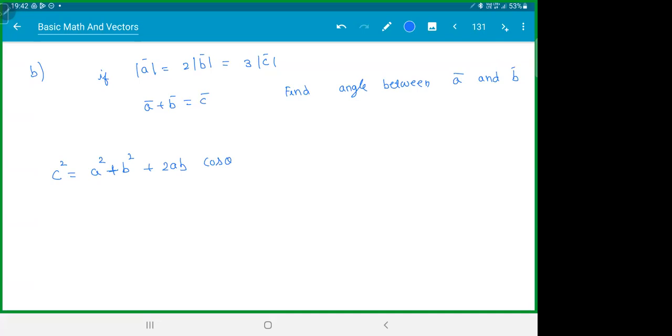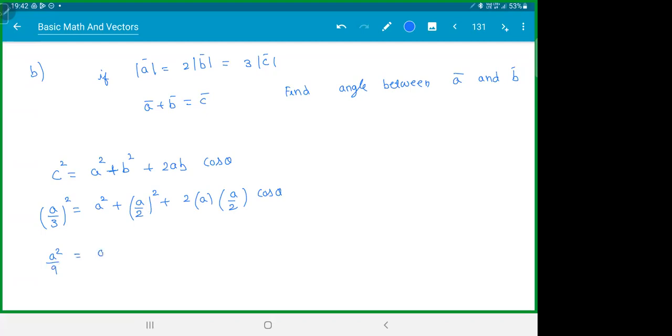So let's keep everything in terms of A. What is C? A by 3 whole square. What is A? A square only. What is B? A by 2 whole square. Ha, Adrit, you got it and it is wrong. This is A by 2 cos theta. Expand this. A square by 9.